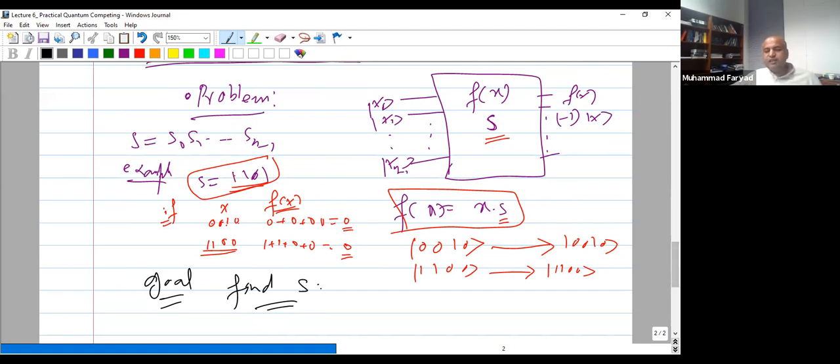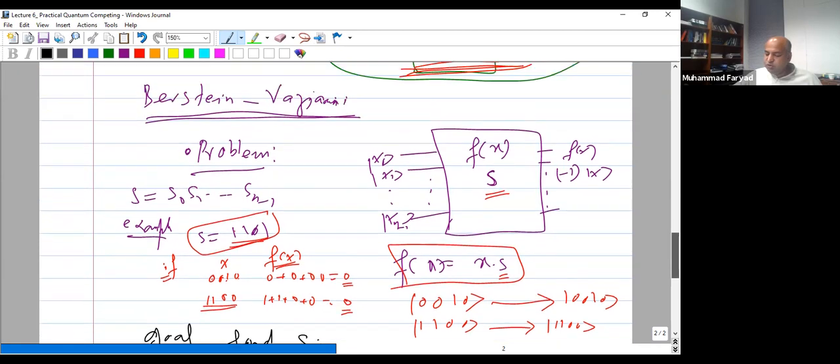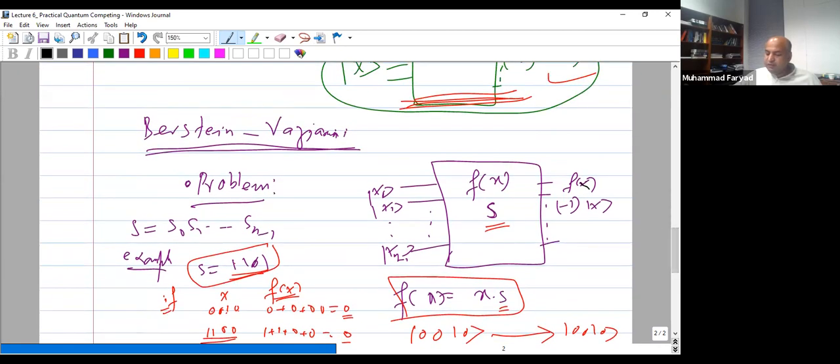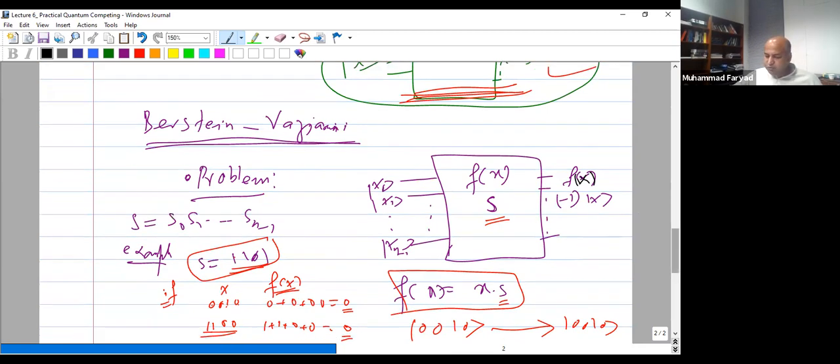We have to find the secret bit string, which this function uses to multiply with the input and add the individual terms modulo 2, and whatever is the output, it raises minus 1 power f of x and multiplies it with the x. Since f of x is either 0 or 1, it means either x goes to minus x or x goes to x, depending on f of x. So this is the problem.